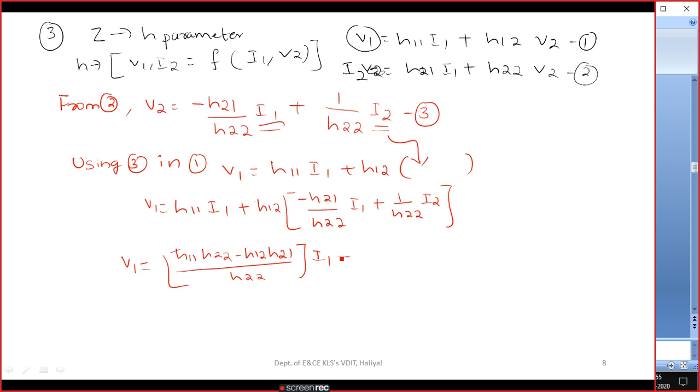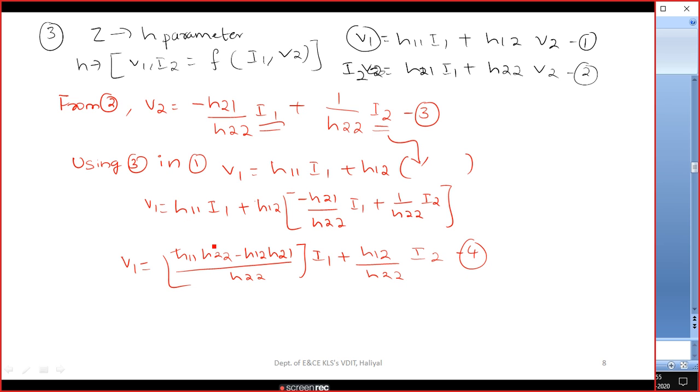Then plus, just cross multiply with I1, H12 divided by H22. You want to express only I2, so only this one will come here, times I2. Let me call this equation 4.